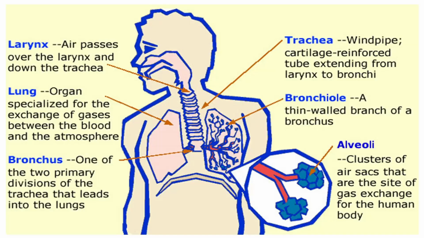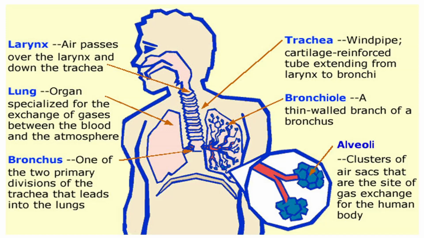Okay. So the features and what do they do? The air passes through the larynx and down to the trachea. The trachea is also known as the windpipe, where the cartilage inside extends to the bronchi.